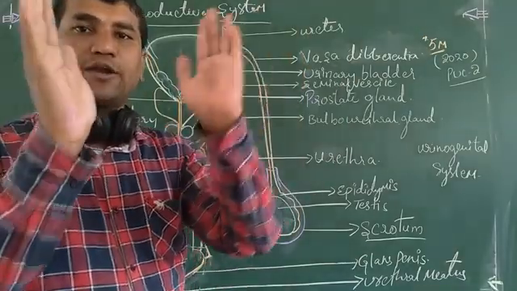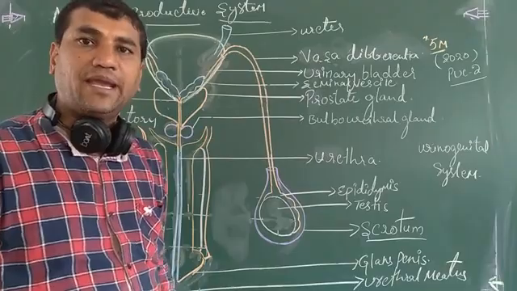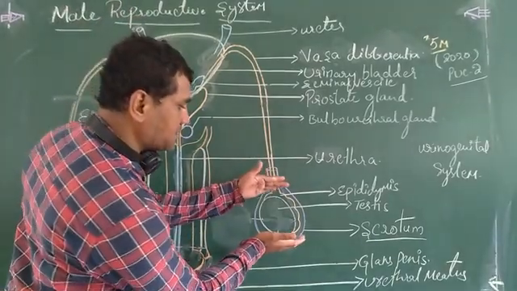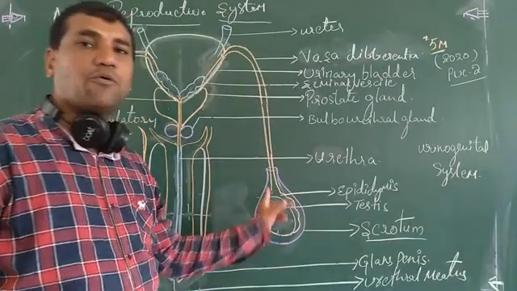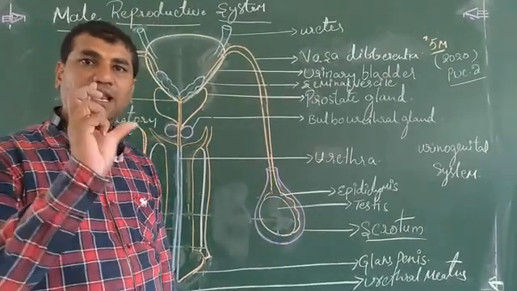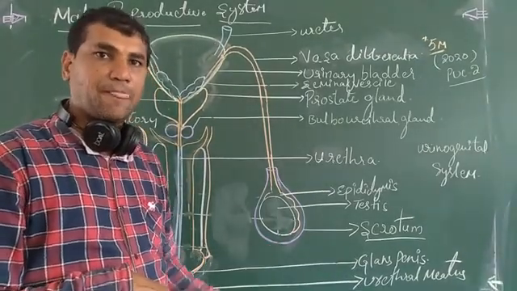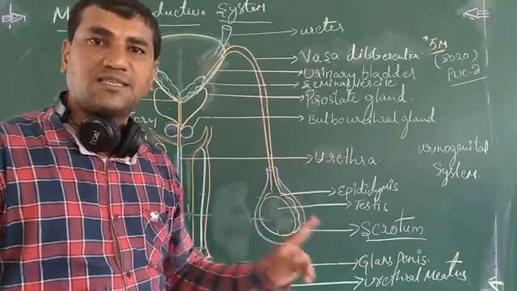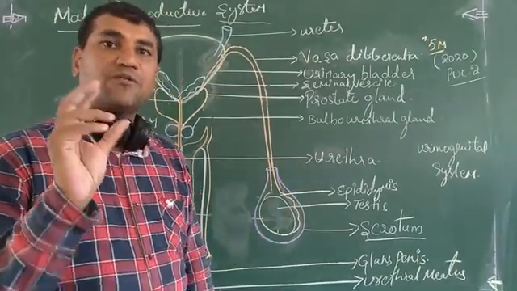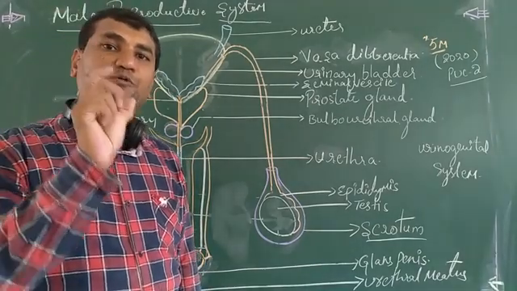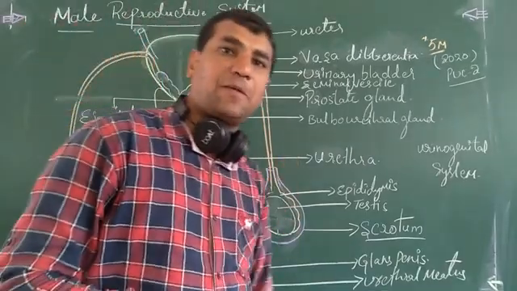Now, what is the reproductive part? The male reproductive part of the male reproductive system is the testis. Testis is an oval structure, almost egg-shaped, and inside of this, we see that 250 compartments of testicular locules will be present.